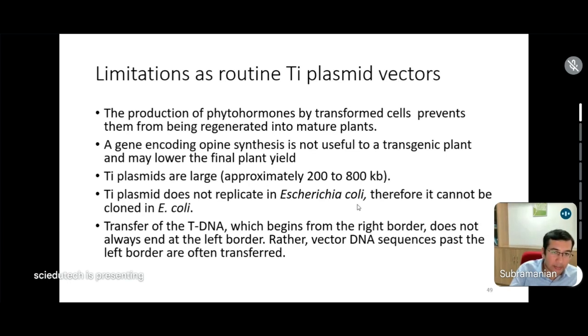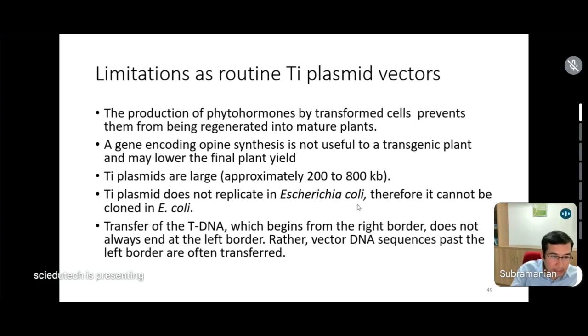For this specific reason, we don't have the genes encoding phytohormones or opine synthesis in the engineered plasmid. And TI plasmids are usually large, 200 to 800 kilo base pair. And the TI plasmid does not replicate in E. coli, therefore it cannot be cloned in E. coli.